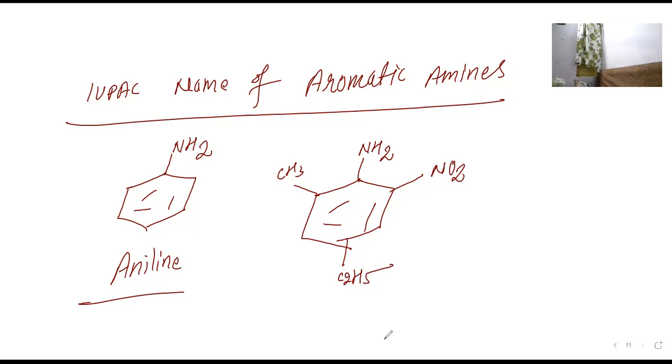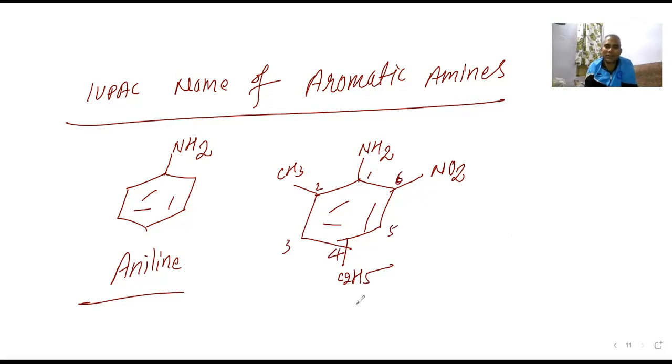So ethyl. We should do numbering from NH2: 1, 2, 3, 4, 5, 6.